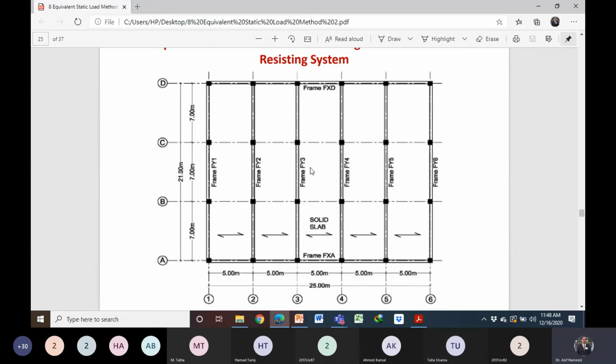And then the distance of the next frame from the center of stiffness of the floor? 7.5. And then the distance from the center of stiffness of the floor to this frame, 12.5. So we have 2.5, 7.5, and 12.5. How about on the other side? 2.5, 7.5, and 12.5. Agreed? Yes, sir.